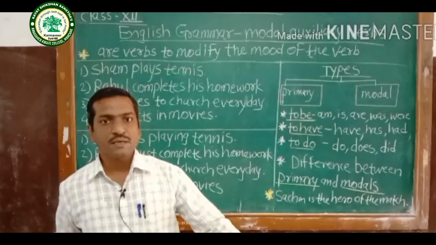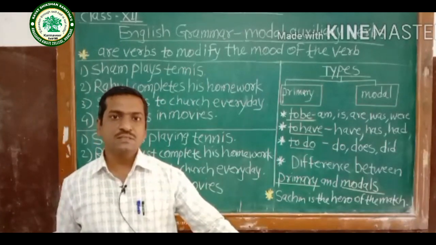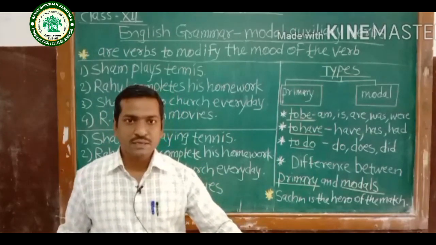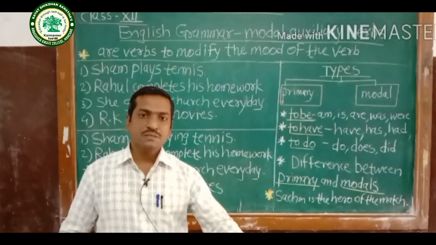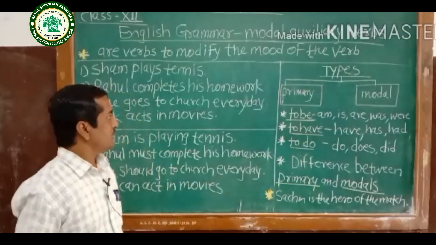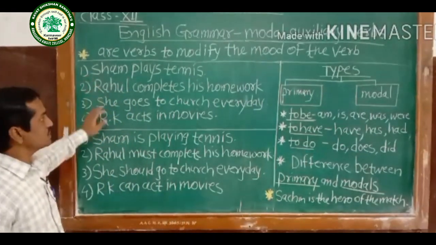But if I say, he can paint a picture, I use can in this sentence, and it means there is an ability, a person's ability to paint a picture. So can is a modal auxiliary verb.